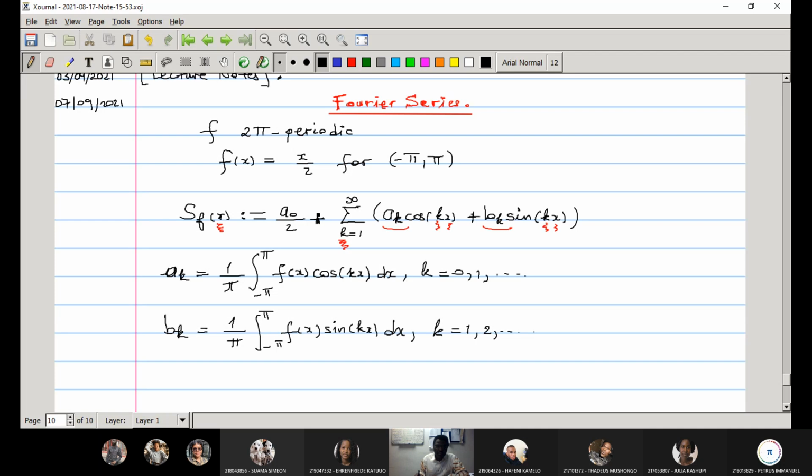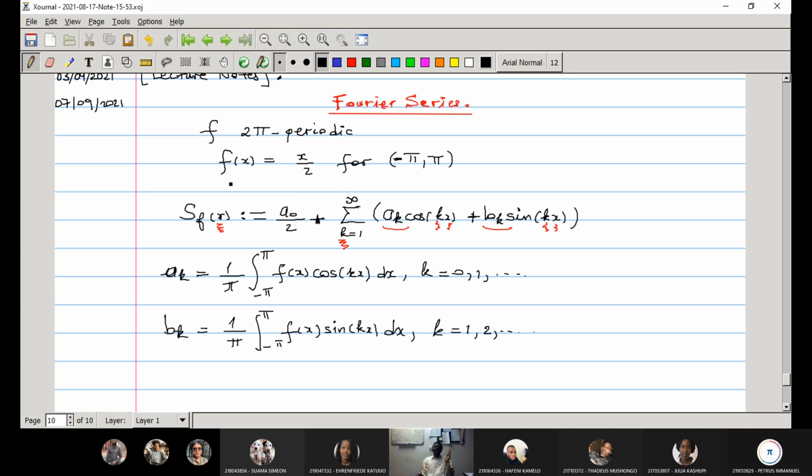Now we know already that from negative pi to pi, I know the expression of my function. And since in the definition of my a_k and b_k, the interval is from negative pi to pi, I just substitute.